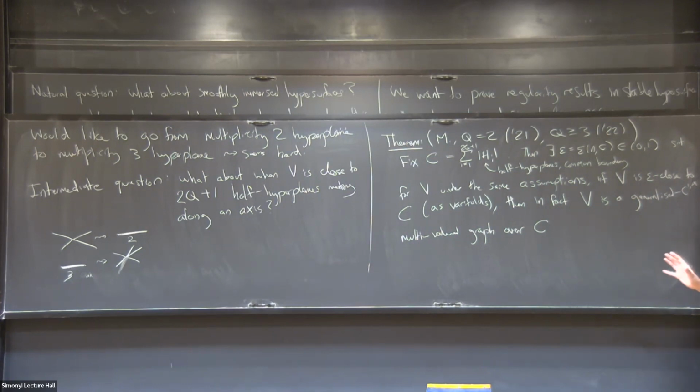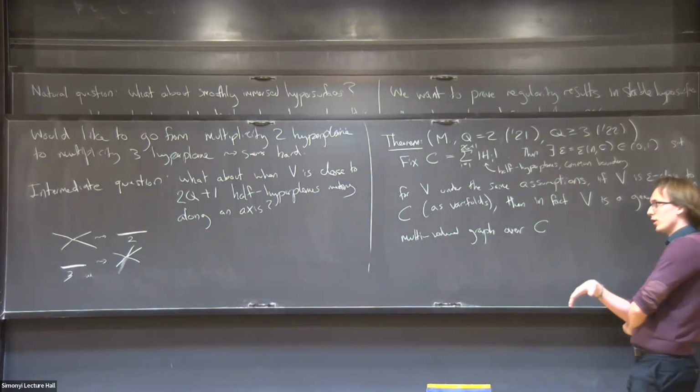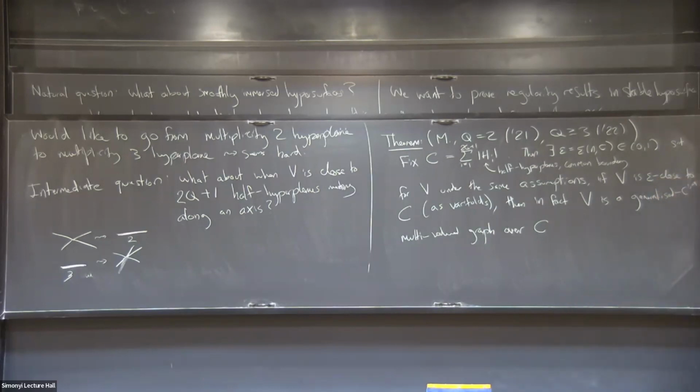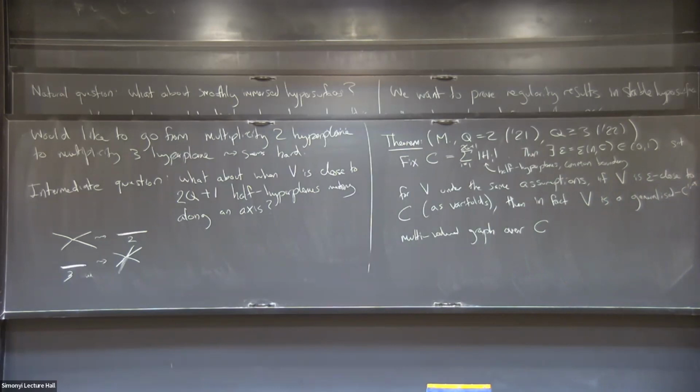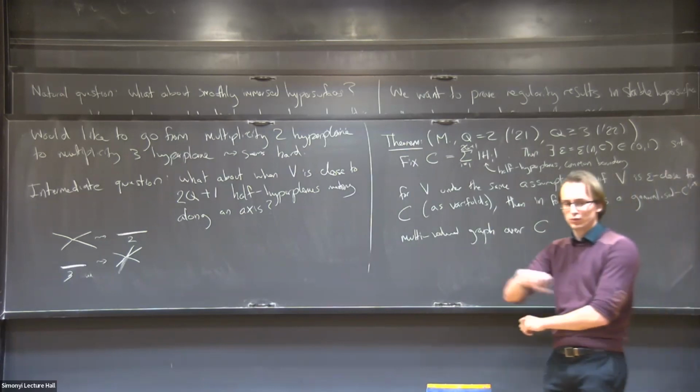It's one of those things where, if it's close on a unit ball, then it's a graph over a half ball, but you have to be slightly careful about where your graphs are defined on the half hyperplanes. And so in particular, the set of points where the density is equal to q plus a half in V is actually a C1-alpha submanifold, in the usual sense.